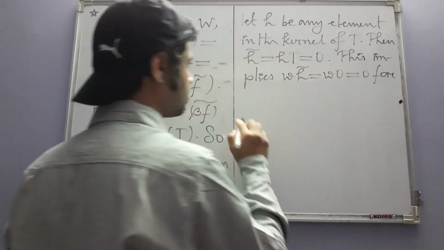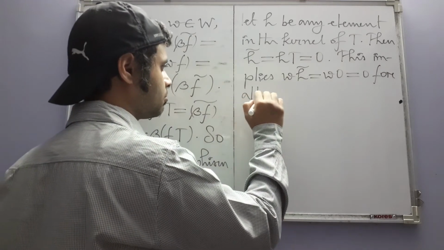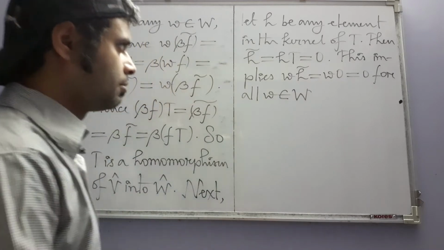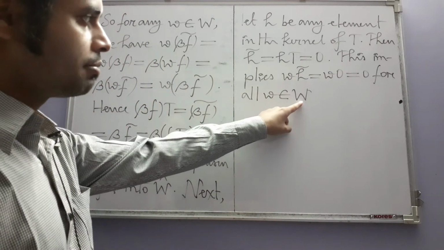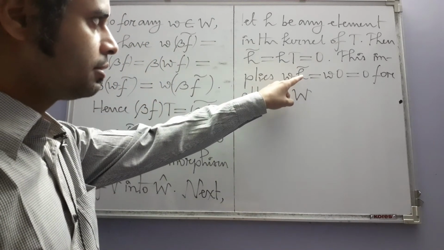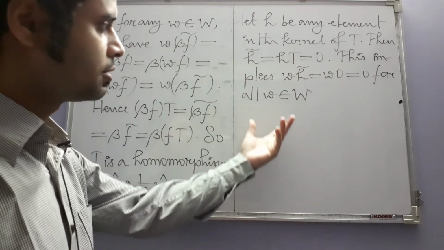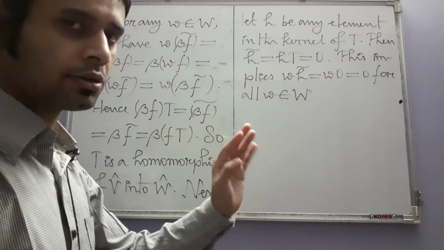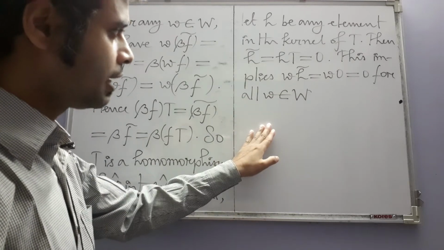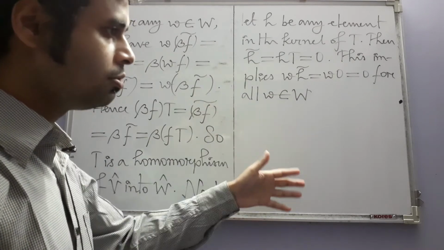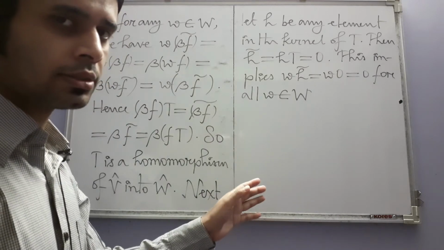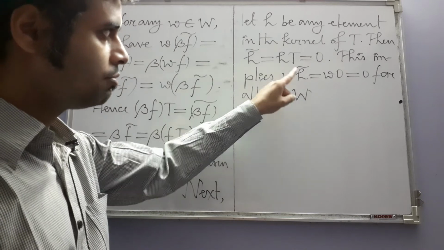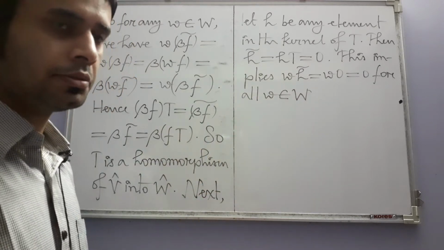for all w belonging to W. If your input is coming from W, then h~ is actually nothing but h, because although it's the restriction, so as functions h and h~ are not the same thing, however the rules defining these two functions are identical on W. So that's why wh~ is nothing but wh.